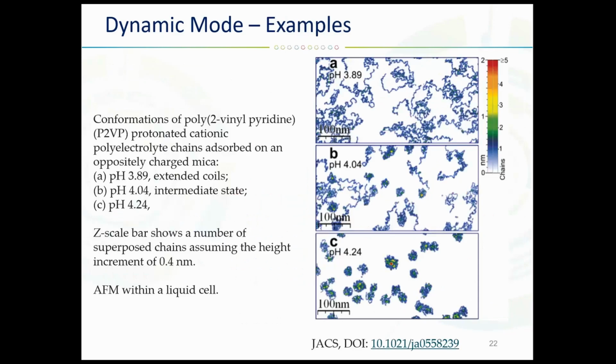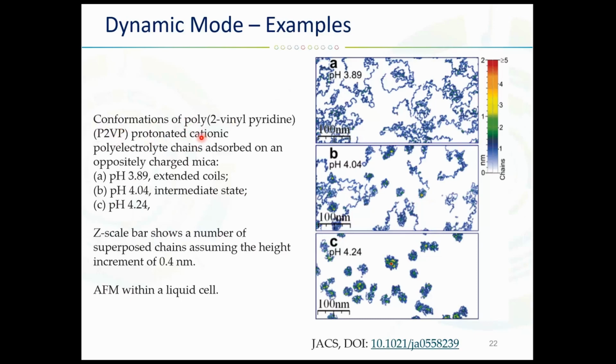And let's go for some examples of how we can use dynamic mode. Here is an example of monitoring different conformations of flexible synthetic polymer molecules at a solid-liquid interface. These molecules are polypyridine protonated cationic chains. With this abbreviation, I will just call it polymer because it's quite a long name.